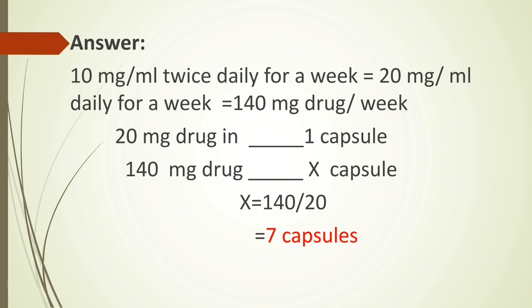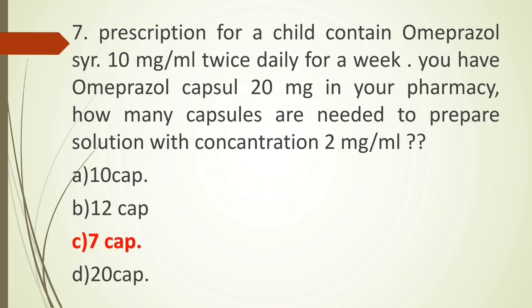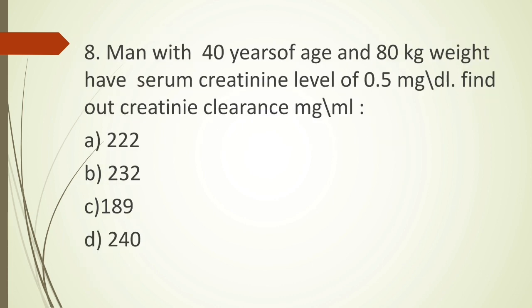So if 1 capsule contains 20 mg, we need X capsules for 140 milligram of drug. So X will be equal to 140 divided by 20, that's equal to 7 capsules. That is why I said you have to go through the questions very thoroughly. So the correct answer is option C, 7 capsules.